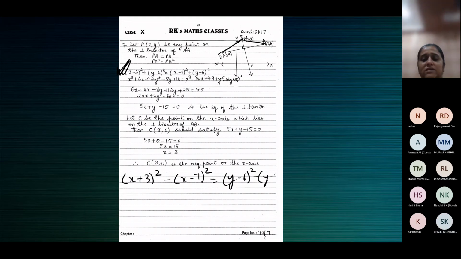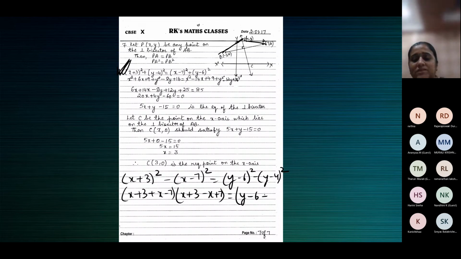This should be treated as a square minus b square, which is (a plus b) into (a minus b). So here, a plus b is x plus 3 plus x minus 7, and a minus b is minus x plus 7. On the right, a plus b is y minus 6 plus y minus 4, and a minus b is minus y plus 4.